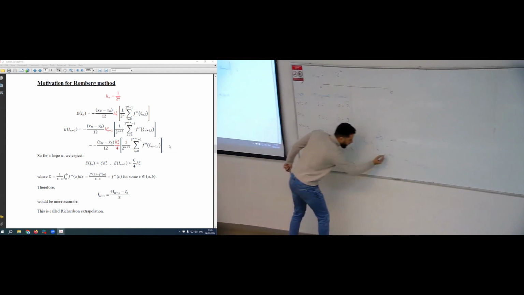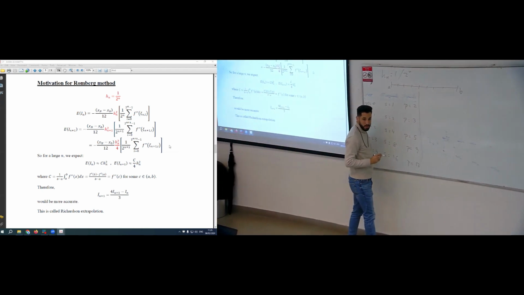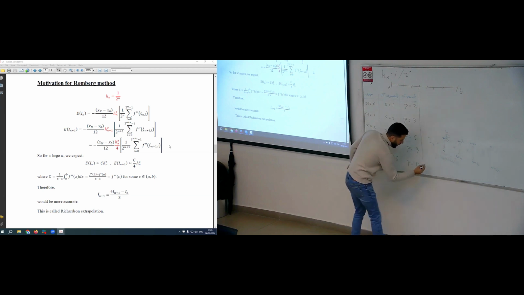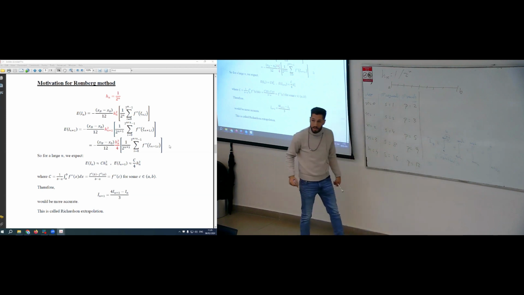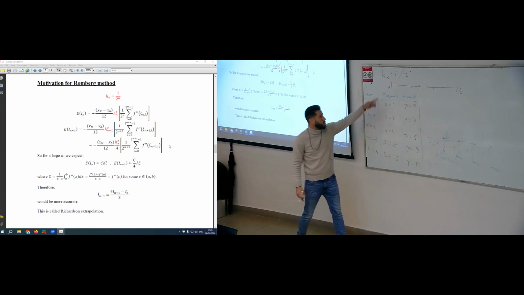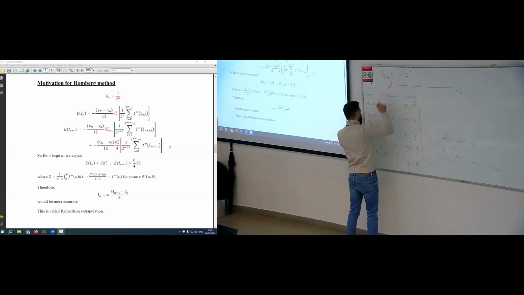And this integral I calculated using the trapezoidal method. Okay, what is this? This is the half of f of a plus f of a plus h, plus this and this and this. At the end, what do I get? I get h, where h is (b minus a) over 4.